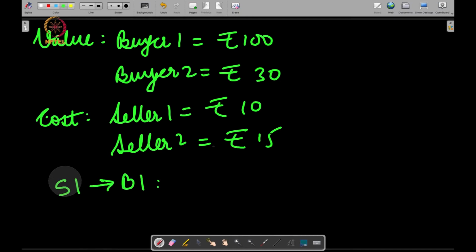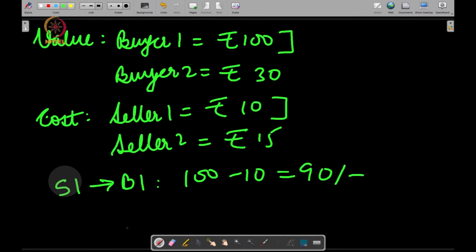So in that case, because seller 1 has the minimum cost and buyer 1 has the maximum value, the total surplus is 100 minus 10, which is 90 rupees. But in other cases, if it goes from seller 1 to buyer 2, the surplus becomes 30 minus 10, which is 20 rupees.